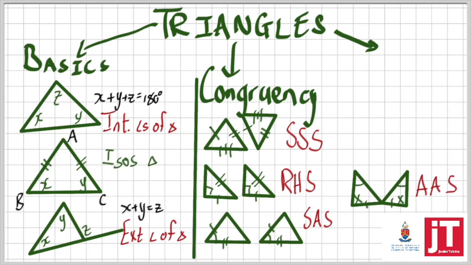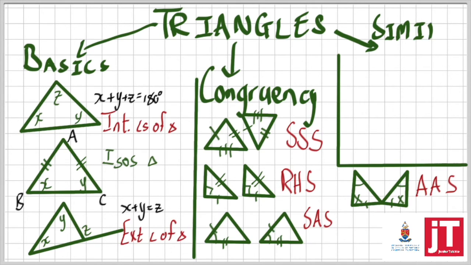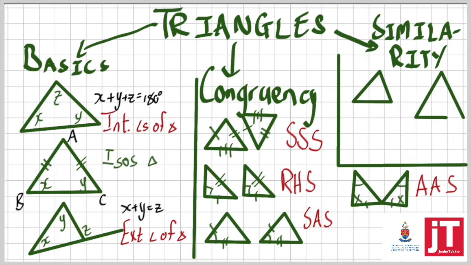But let's move on before I get too sidetracked. The last new thing you got taught in grade 9 triangles was specifically looking at similarity. Similarity means that two triangles kind of look the same, but they're not necessarily the same size.